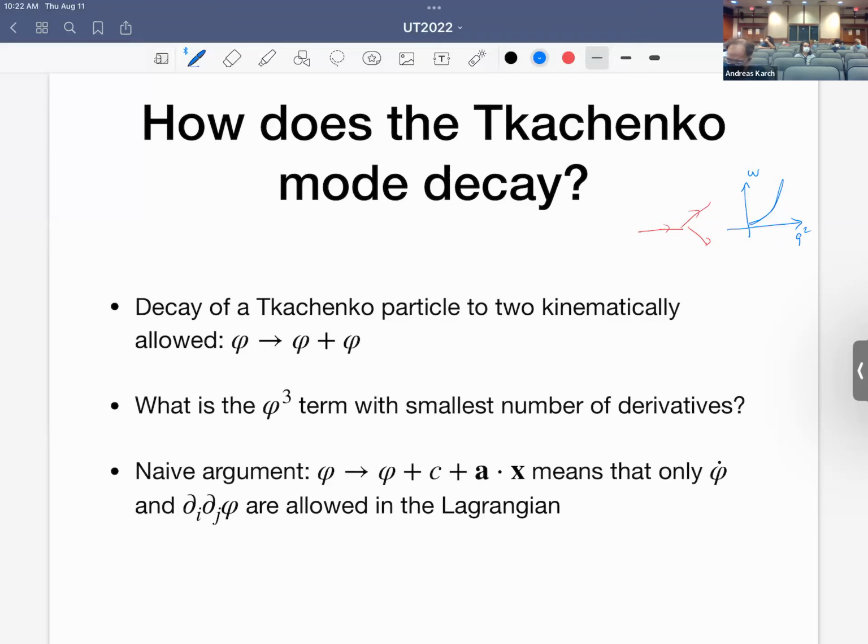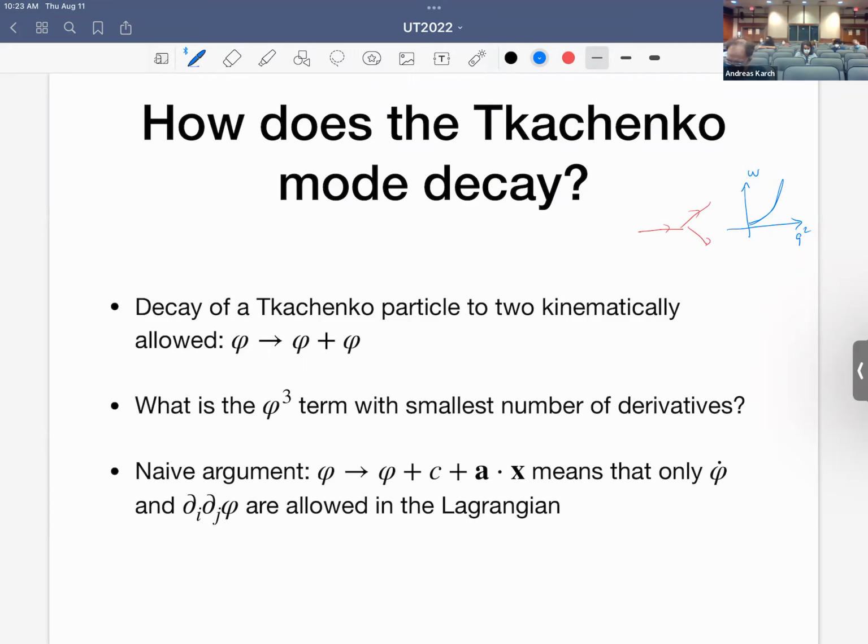So let me give a naive argument. At the end, I think it gives the correct result, but the more accurate derivation of the answer is more subtle than what I'm going to say here. The naive argument is that under this exotic symmetry, phi goes to phi plus a constant plus a function of x.